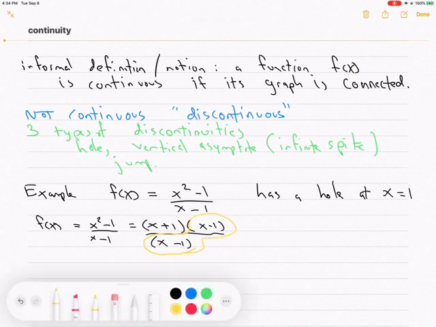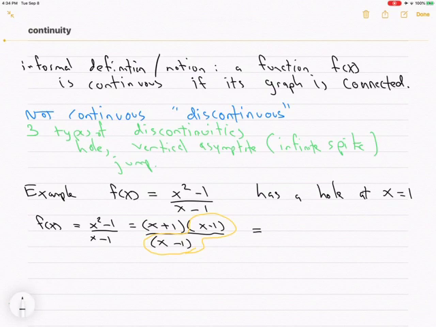Now the problem is that if x is equal to 1, then we get 0 over 0, which is undefined. So this is undefined at x is equal to 1. Just look at the function. If you plug in x equals 1, you get 0 over 0, which is undefined.